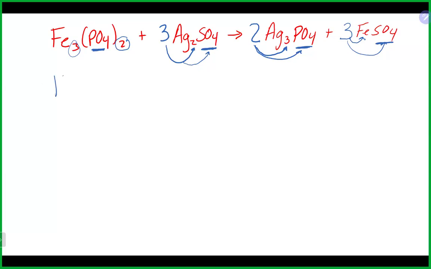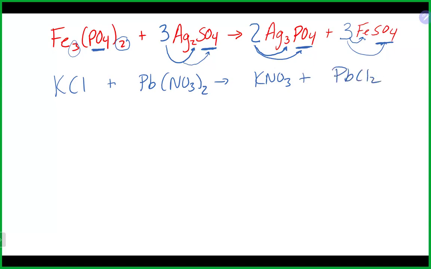Why don't you balance this equation? Write the coefficients, because that kind of defeats the purpose, I imagine. There you go. Let me do that. Why don't you also maybe do this one here?